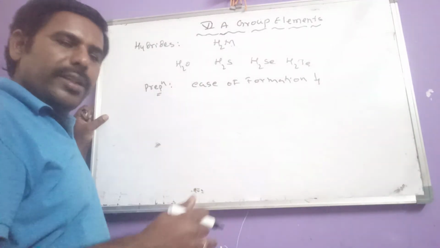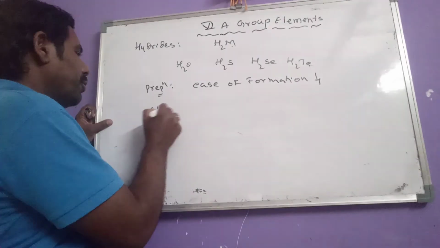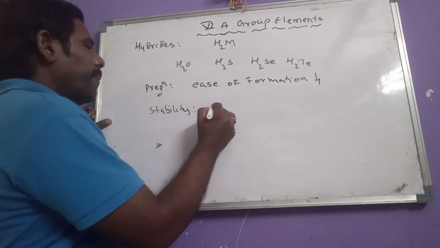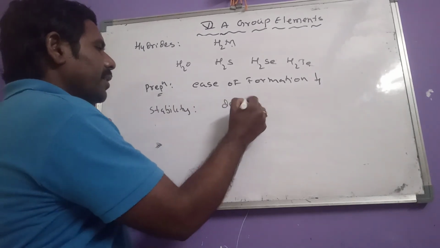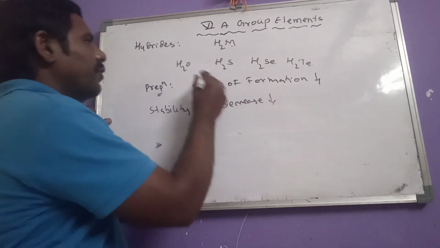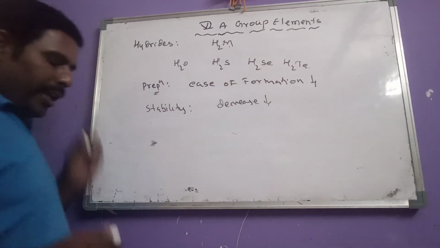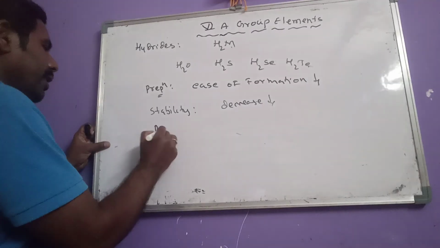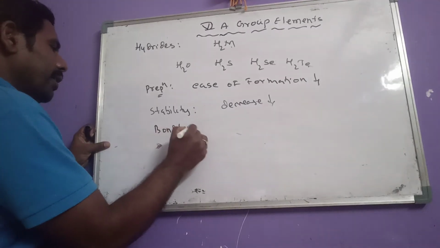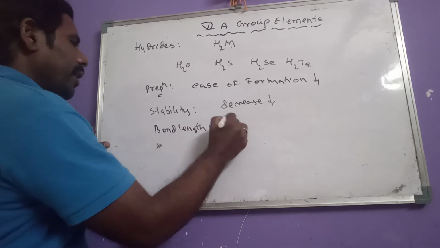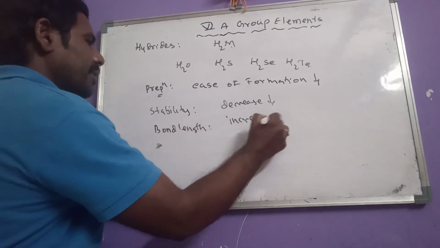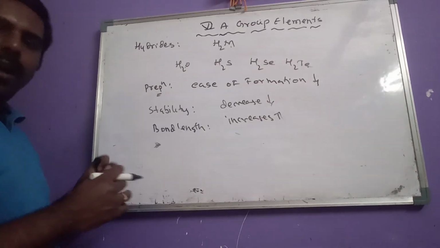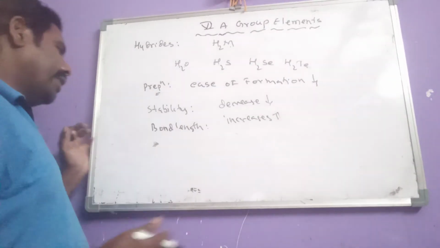Stability also decreases from H2O to H2Te. And the M-H bond length increases from H2O to H2Te.